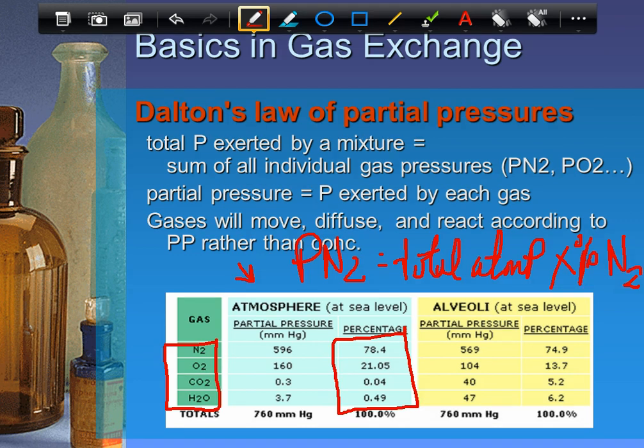Which means the total atmospheric pressure at sea level is 760, and at sea level the percent of N2 is 78.4. If we multiply this times that, that's exactly what I have written right there. What we get is 596.